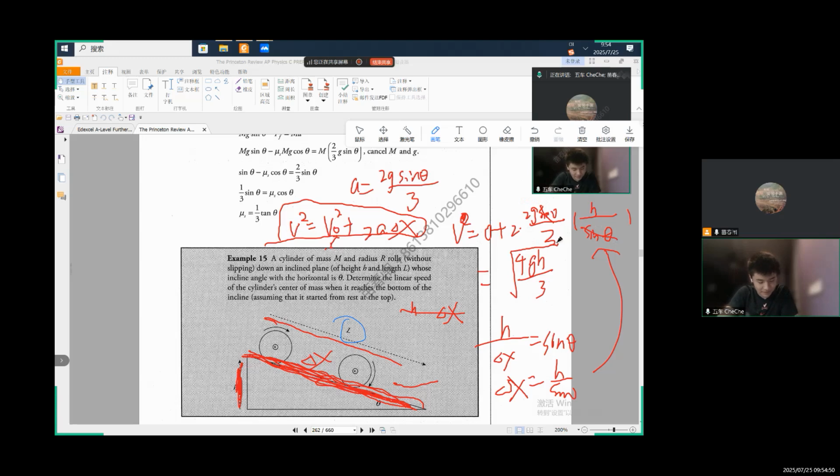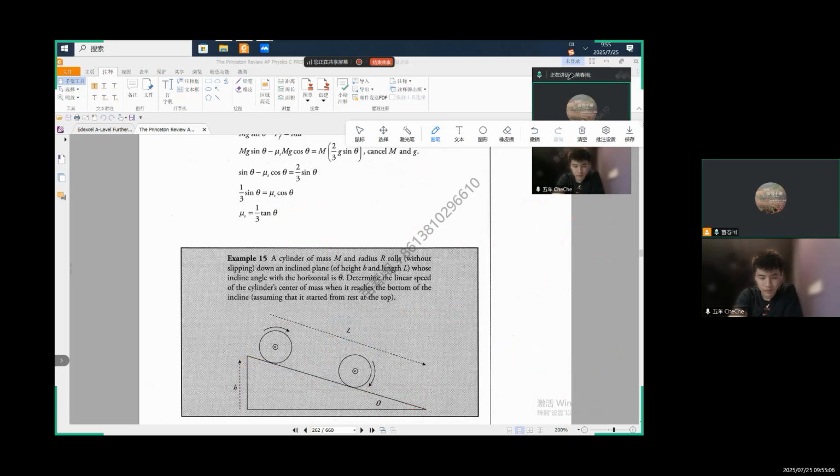So this is the previous question's benefit. We find that it's the same phenomenon, and we use that acceleration. The acceleration we spent a lot of time to prove and analyze is 2g sine theta over 3, and that is the reason we can play like this. For example, if I have a tree rolling down, you can imagine that happening in old-time wars. You can use this because your acceleration is manageable, you know when you can hit your enemy.